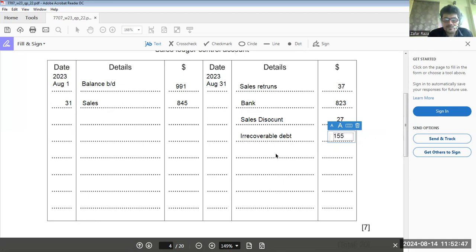Now, what we have to do? We have to calculate balance CD. Now, before calculating balance CD, what we have to do? We have to write over here the totals.